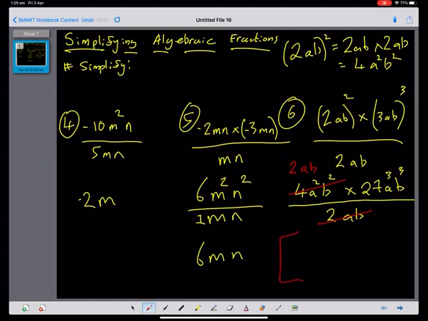Now, I just want to go over this. We've got 4a squared b squared divided by 2ab. 4 divided by 2 is 2. A squared divided by a is a to the 2 minus 1. B squared divided by b is b to the 2 minus 1, which gives 2ab. Okay, I hope that makes sense.